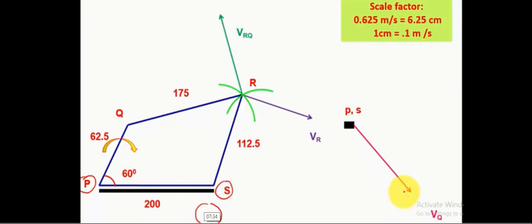You can scale it according to this, so that will represent 6.25 centimeter. And from there you should be able to plot VRQ, because R is not yet found out, but we know Q because PQ we know. So use a rolling scale and move that VRQ to the Q.